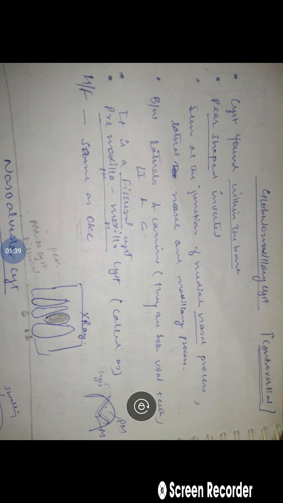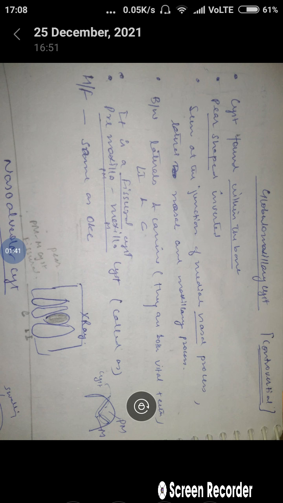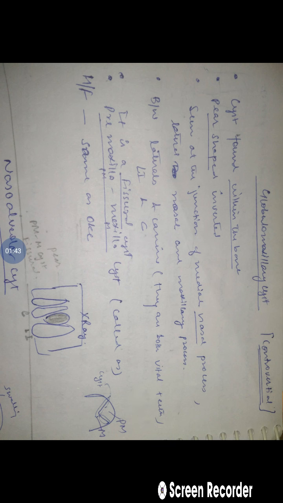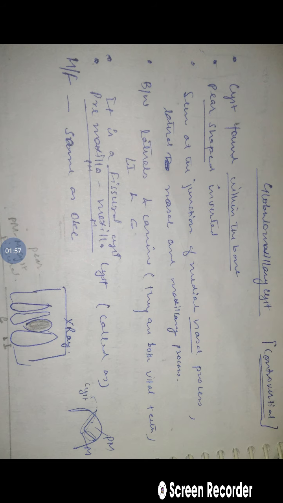Let's jump to another cyst, that is globulomaxillary cyst. The globulomaxillary cyst is also called the controversial cyst. Why it is called the controversial cyst, we'll talk later. Now, globulomaxillary cyst is a cyst which is found within the bone, and it is pear-shaped, inverted.